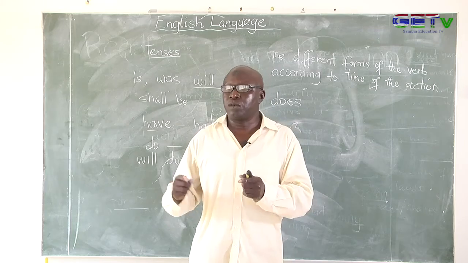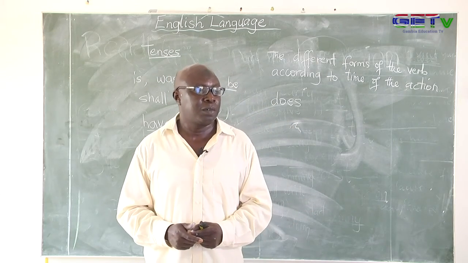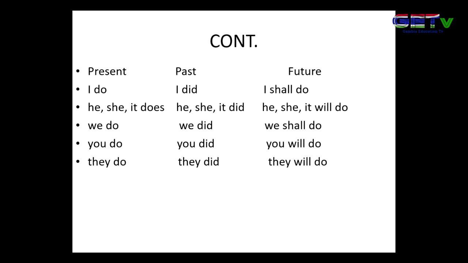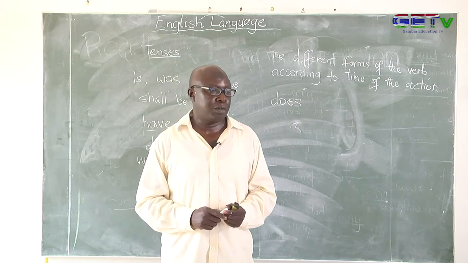He does, she does, it does. He does his homework, she does her homework every day. Yesterday she did her homework, he did his homework, I did my homework. Tomorrow I shall do my homework. Tomorrow he will do his homework, or she will do her homework.